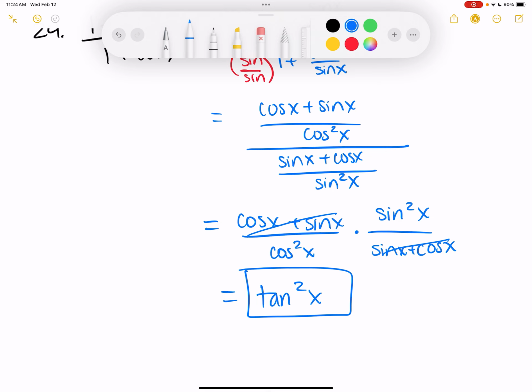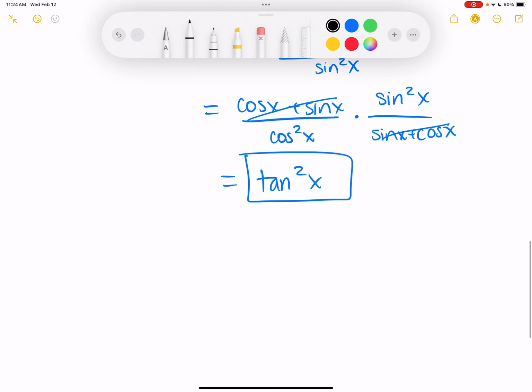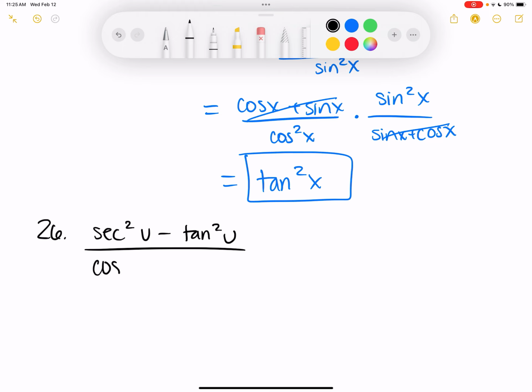Let's see, 26. Secant squared minus tangent squared. Those are both of u, which it doesn't really end up making a difference, but anyways. Over on the bottom, cosine squared of v plus sine squared of v.